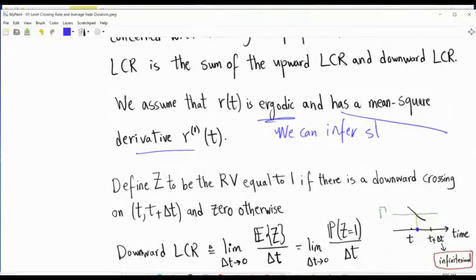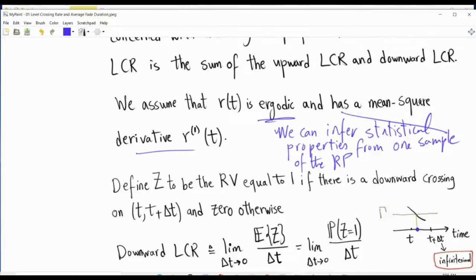infer statistical properties from one sample of the random process. You have one sample of the random process and you can use it.